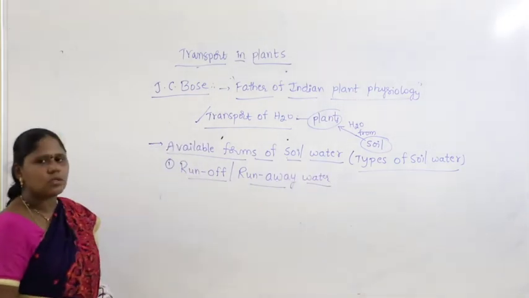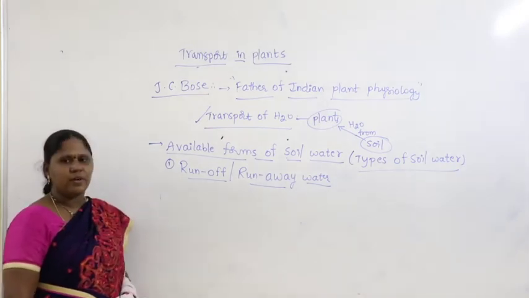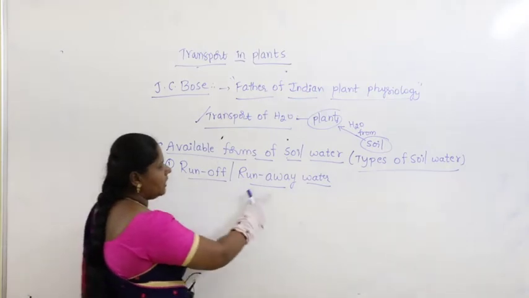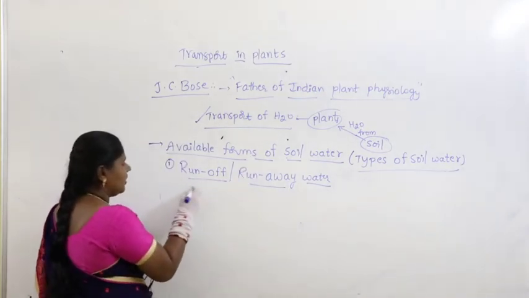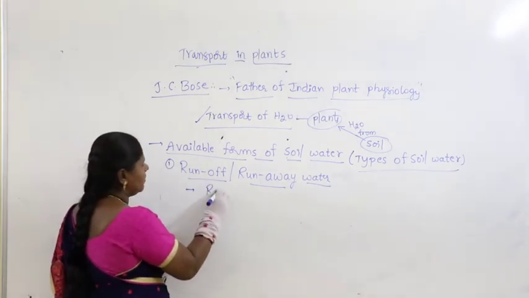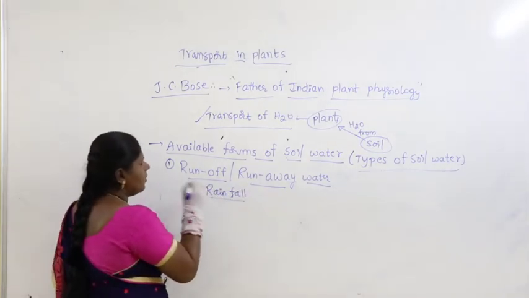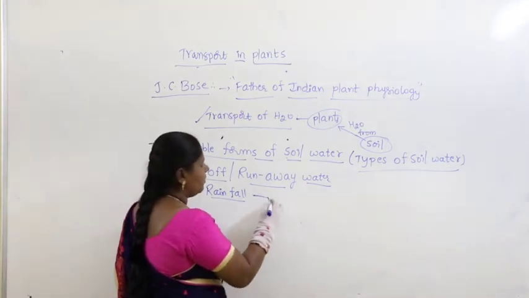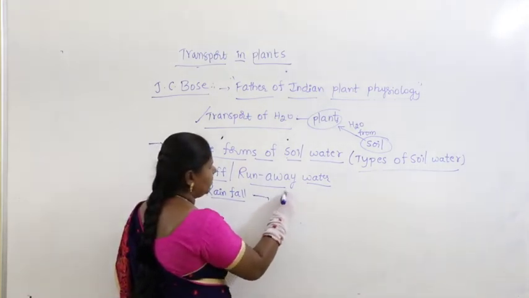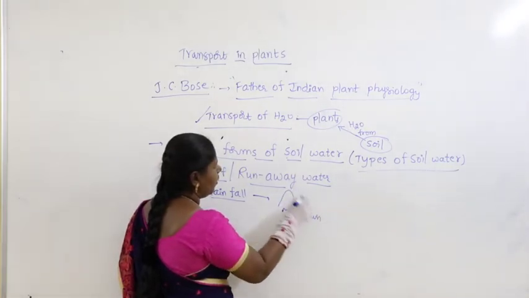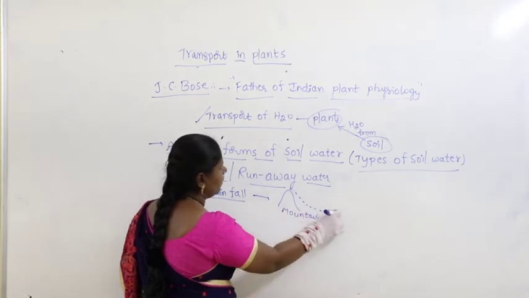Runoff water, or what is called runaway water, is nothing but surface movement of water. Generally the source is rainfall. Whenever rainfall occurs, water moves from one place to another. For example, if this is a mountain, the water moves from high region to low region.